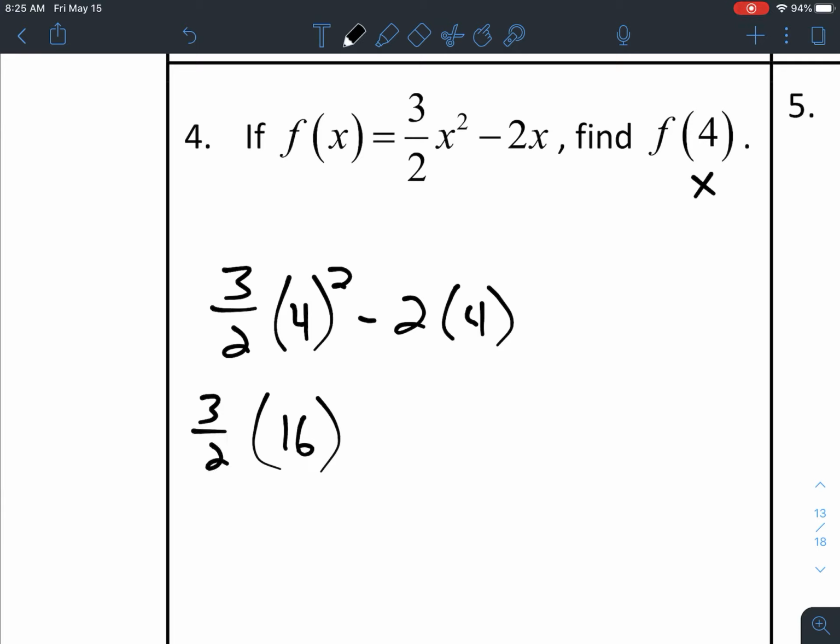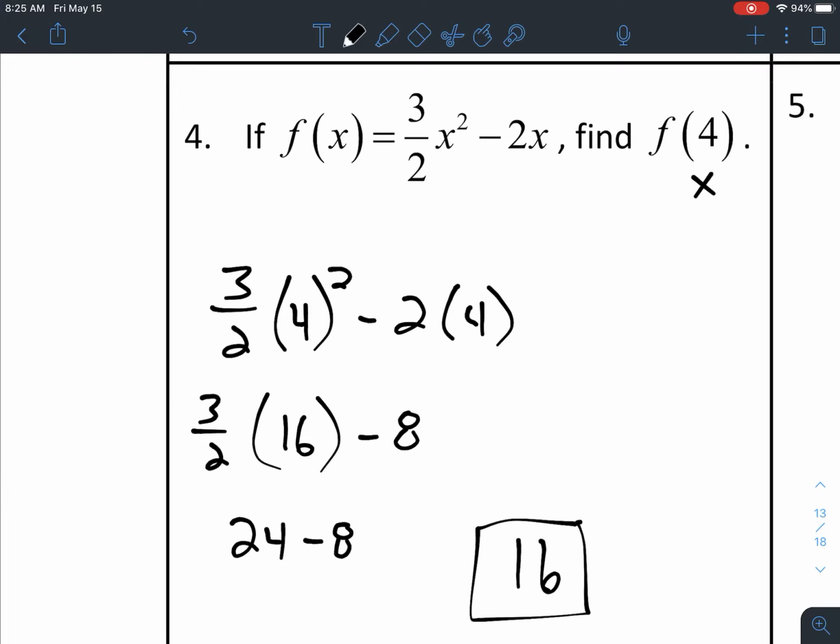So 3 over 2 times 16 minus 2 times 4, which is 8. I'm sorry. 3 over 2 times 16 ends up giving you 24 minus 8. 24 minus 8 just ends up giving you an answer of 16.